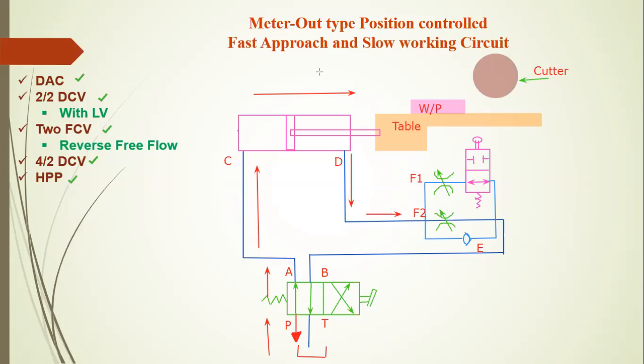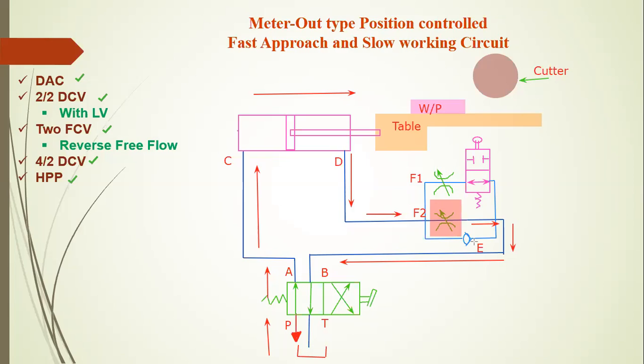Here F2 controls the flow of oil at the exhaust level, and this oil is returned through the D point to B, and B to T, and drains into the tank.